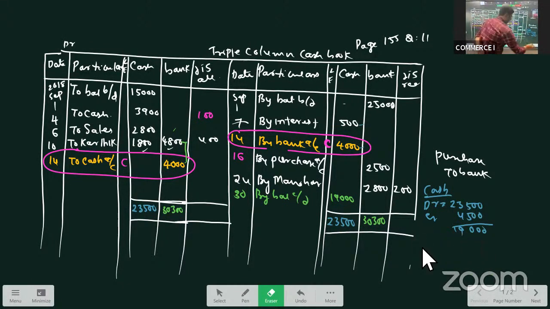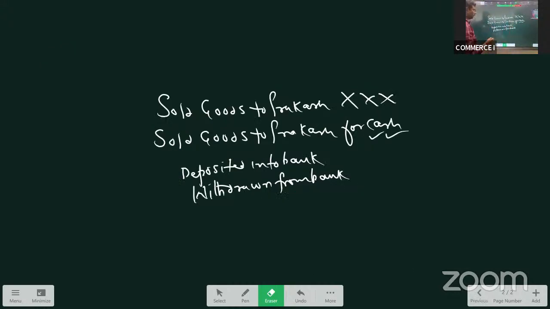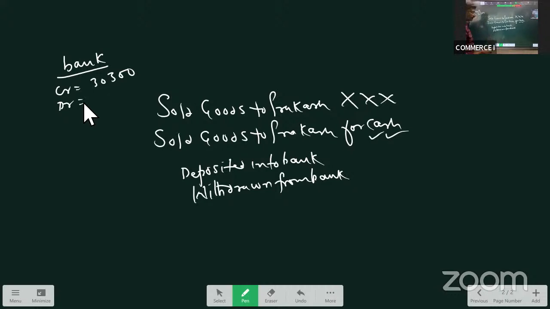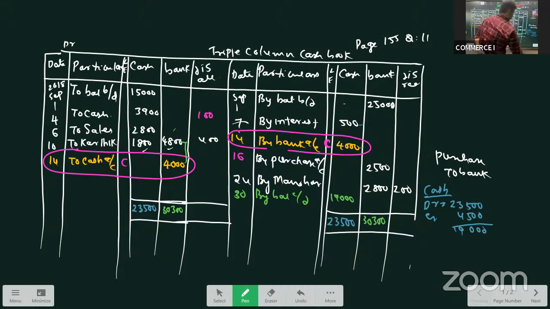And I'll show on the next page. What is the total of bank column? On the credit side, we had 30,300. And on the debit side, we had 8,800.